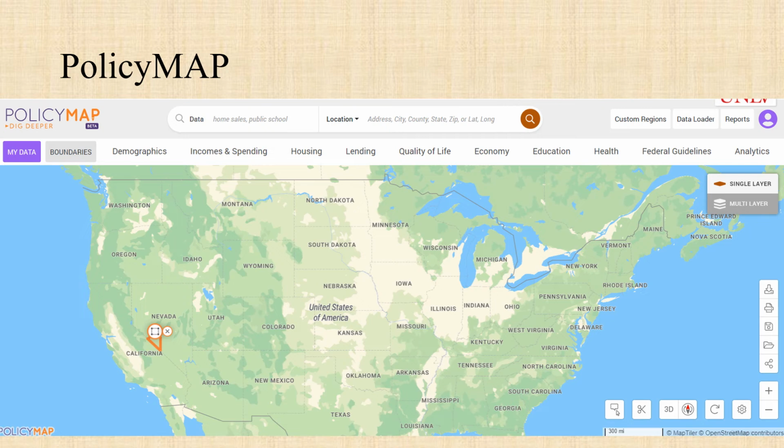And so if you were looking for some information about Nevada or Clark County or the city of Henderson, you might find that information on a policy map quicker than you could find it using the U.S. Census.